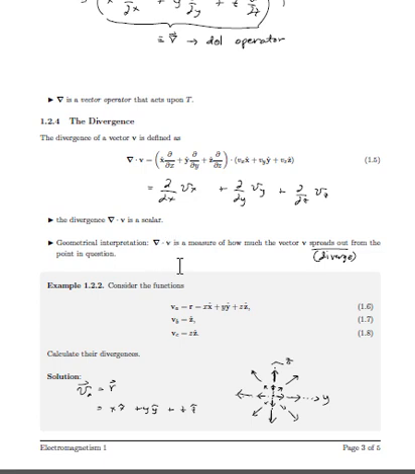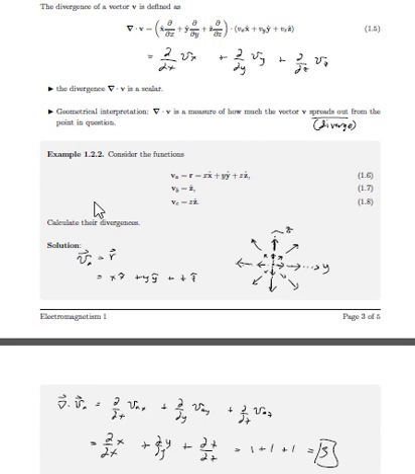So, if you have a vector, and that vector diverges with respect to some point, it means that you can get its divergence using this equation, divergence of V. Okay, so for example, consider the function VA is equal to r, which is equal to x hat, y hat, z hat, and VB is equal to z hat, and VC is equal to z hat.